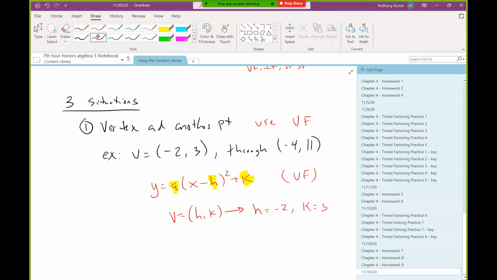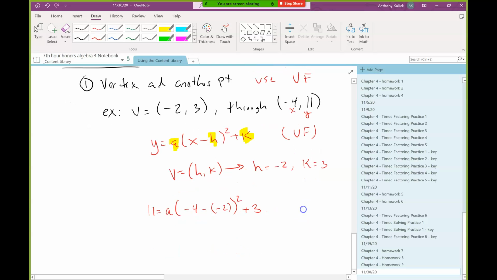To do that, we're going to use the piece of information that we haven't used yet, namely this other point, which can be thought of as an x and a y. So if I plug that x and y in with the h and k, I'm going to be left with an equation that I can solve because it has just one variable in it.